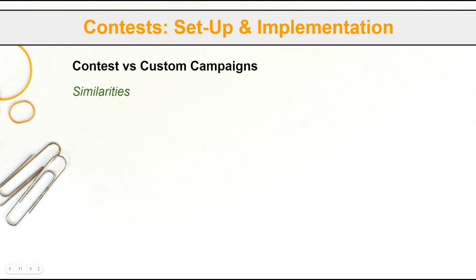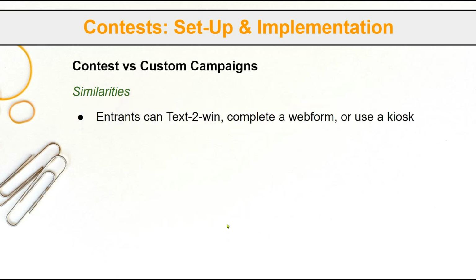These two campaign types are very similar in many ways, but they're also quite different, in particular when it comes to selection. Where they're similar is that entrants can text to win, complete a web form, or use a kiosk. Both types of campaigns can limit the number of entries that contacts can put themselves into that program.